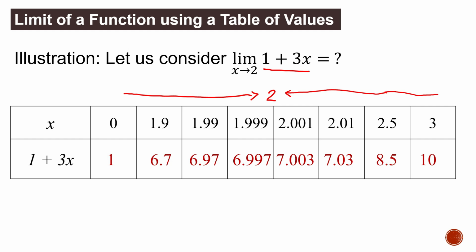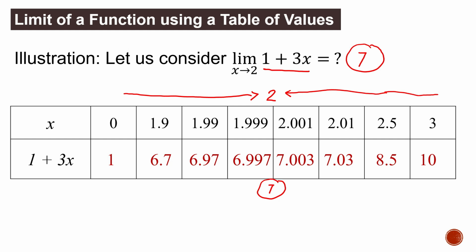On the right side, if we plug in 3, that's going to be 10, 2.5 is 8.5, 2.01 is 7.03, 2.001 is 7.003, and as you can see, it's approaching a certain y value. And if you think that is 7, you are absolutely correct. So here the answer is 7.